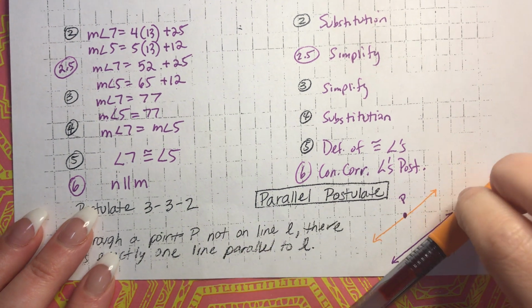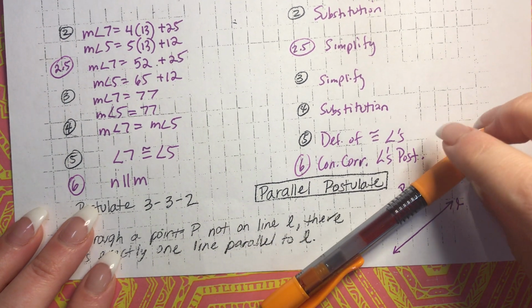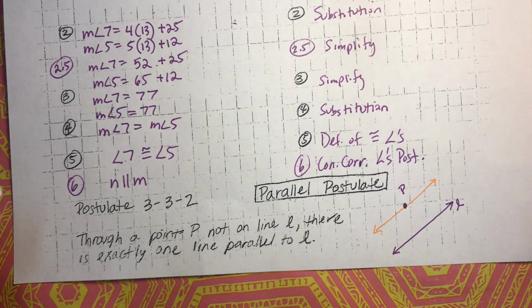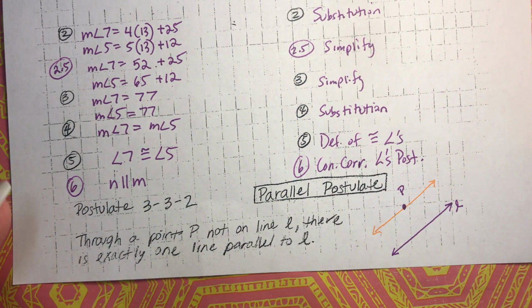There's only one possibility, and that's called the parallel postulate.